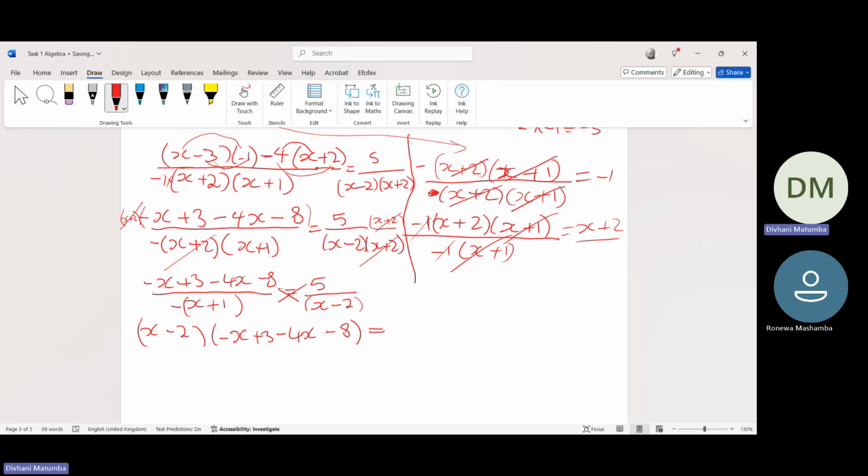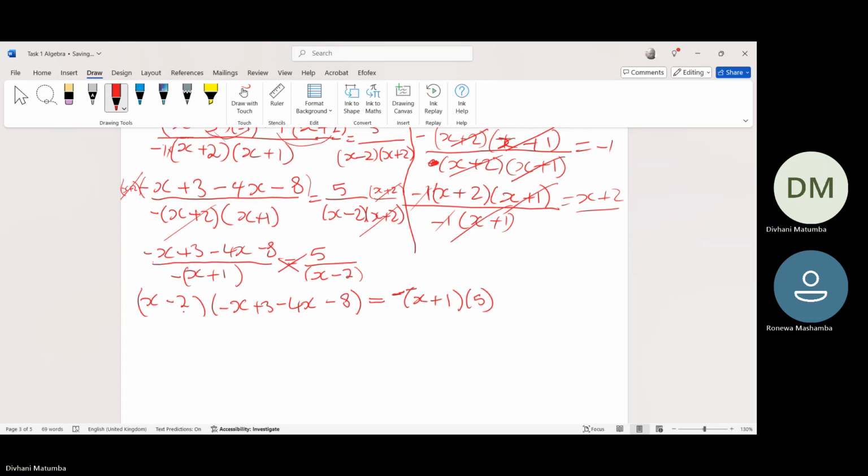Then I will have it is equal to, because I'm cross multiplying. On the other side, I will have what? So you'll have negative x plus 1 multiplied by 5. Okay, that's right. And then x times minus x will be a minus x squared. And then the third one will be plus 3x.